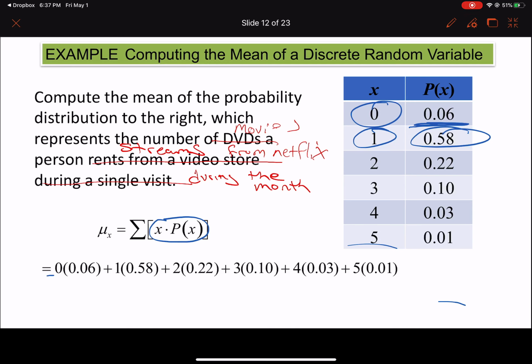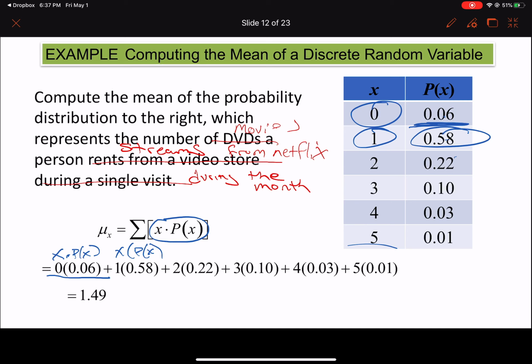So this is x times the probability of x, and then the next x times its probability of x, and you do that with each one of them all the way through. So it's each x times the probability of that x happening, and then add them all together, and that will give you your mean.